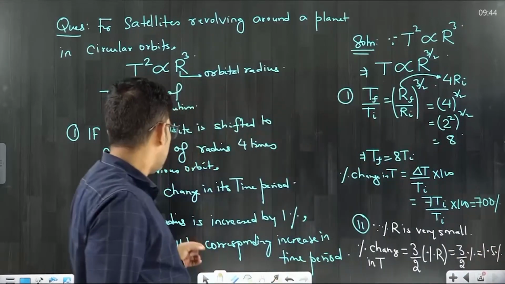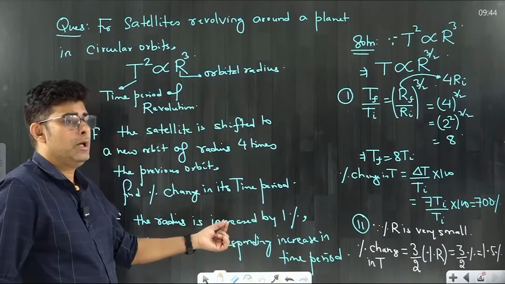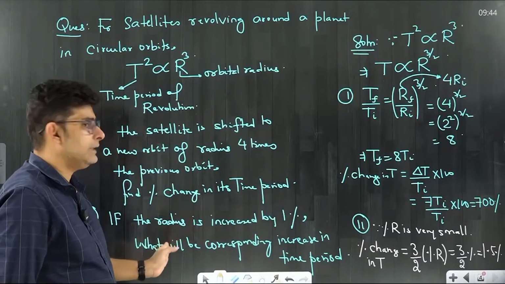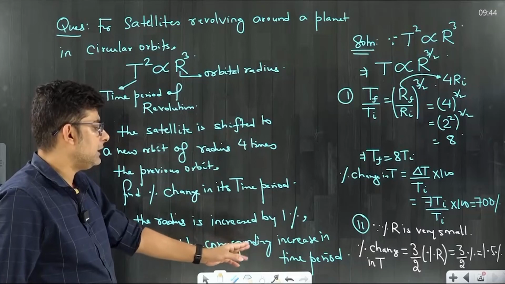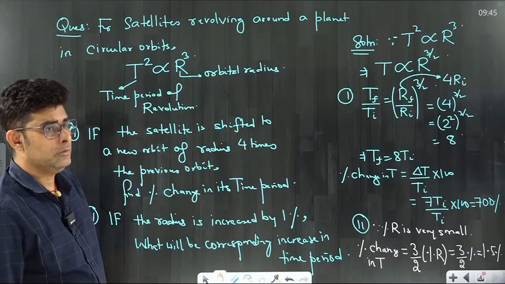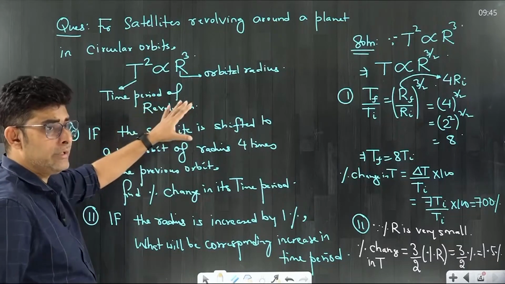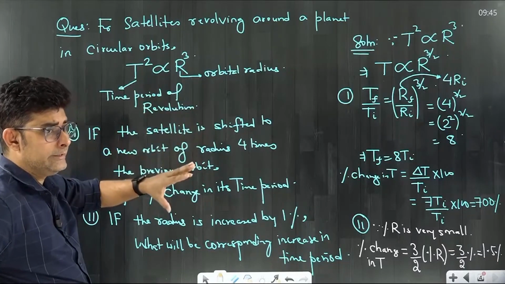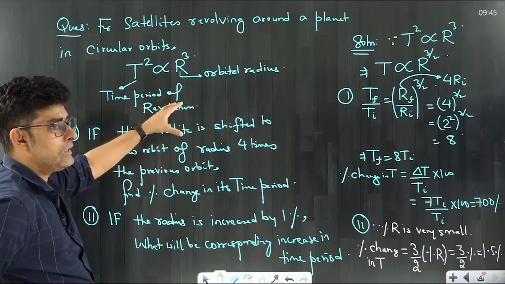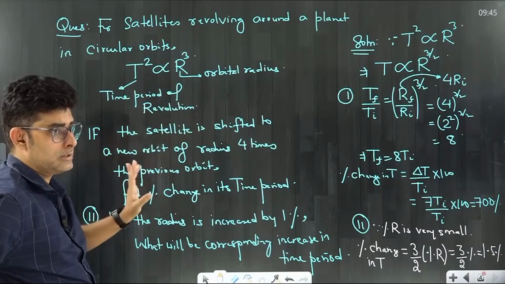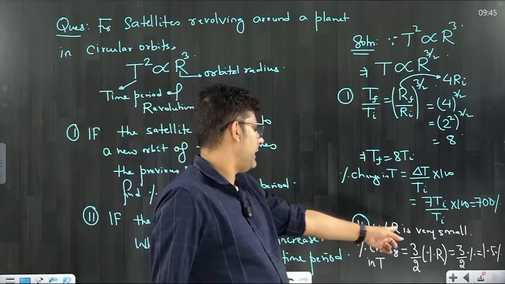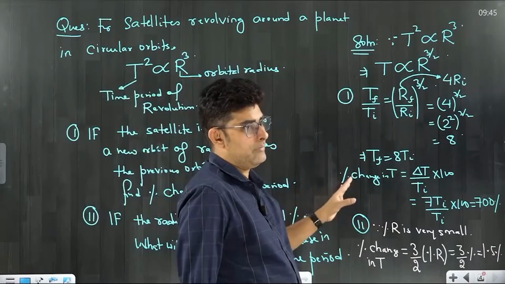So if the change is very small and the radius got increased by 1%, then the time period will increase by 1.5%. Understood? So when they ask these types of questions, you just need to know whether the changes being made are small or large. If they are very, very small, then you can go directly by this concept, multiplying the power.